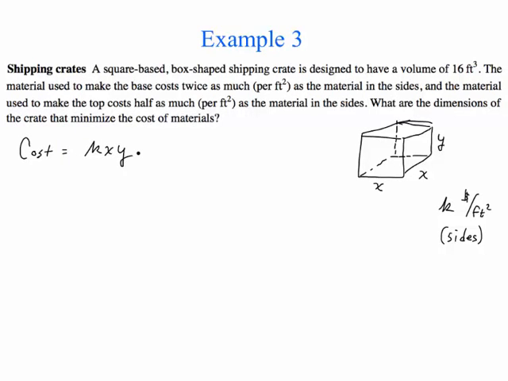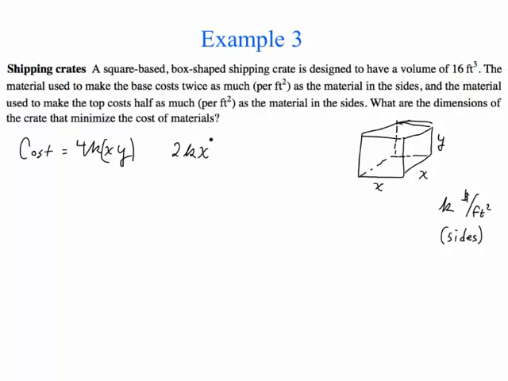XY is the area, and then each square foot is K dollars. So we're going to take XY times K. And then how many sides do we have? 4. That's the cost of the sides. All right, what about the cost of the base? The base is twice as much, and what's the area?